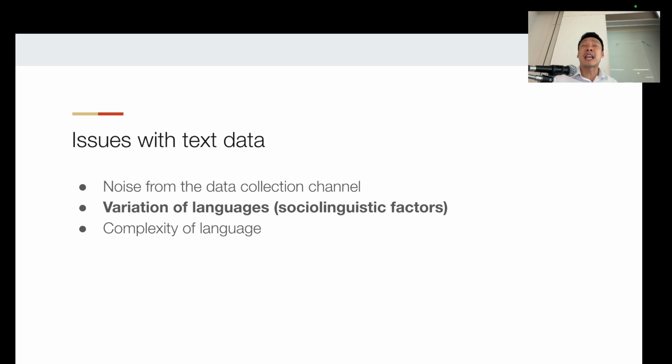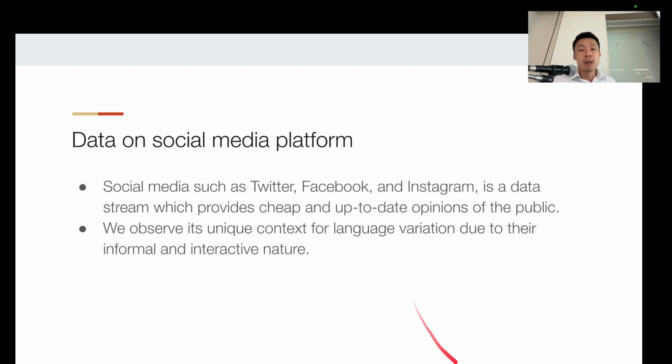Users can use it in any way they want, and that's the beauty of language, because it depends on the person that uses it, how they want to express themselves, to convey meaning, to establish that identity, to establish their belonging to a certain group. So we use language for a lot of reasons. That's why language looks very different based on the social context and the media that people use.